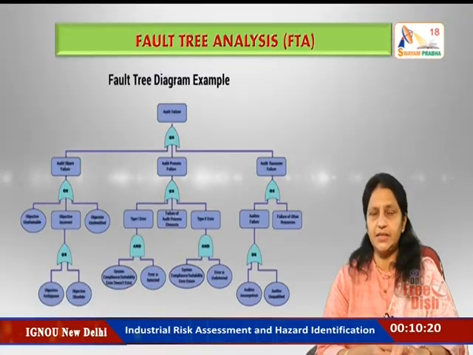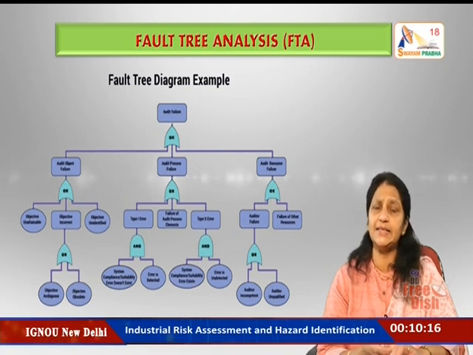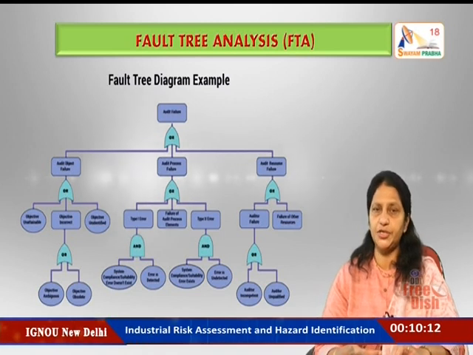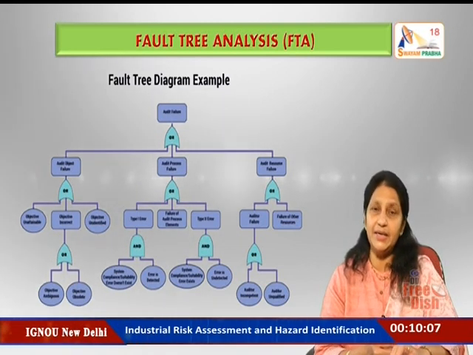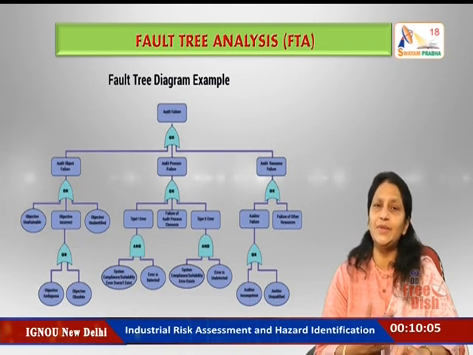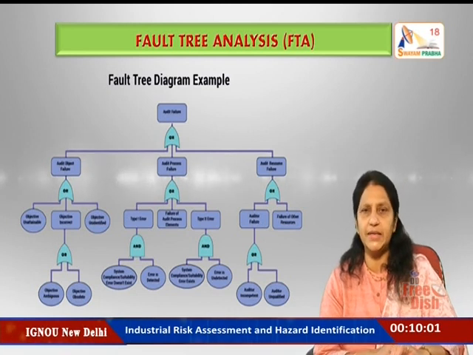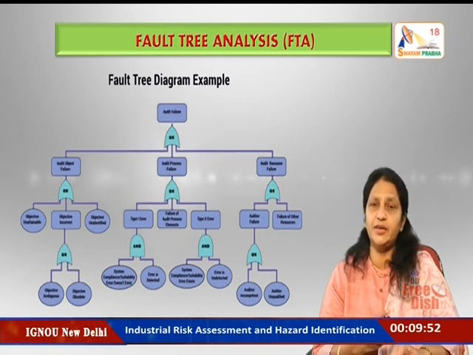And the next procedure is the FTA, that is the fault tree analysis. Fault tree analysis is also a graphical representation of the combination of faults leading to a predefined undesired event. This methodology normally uses logic gates to show all credible paths from which the undesired event could occur. So this is determined previously, that means a prior determination.